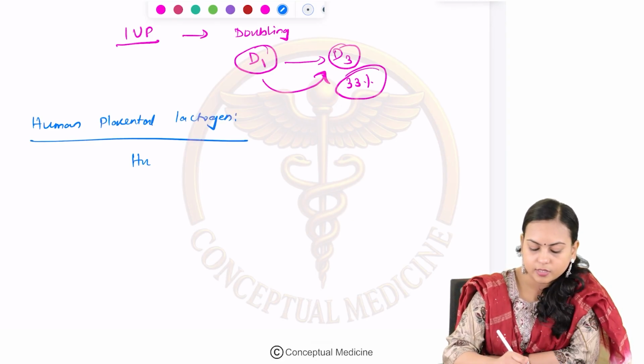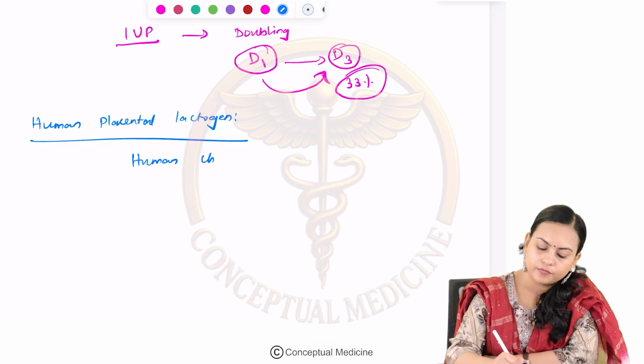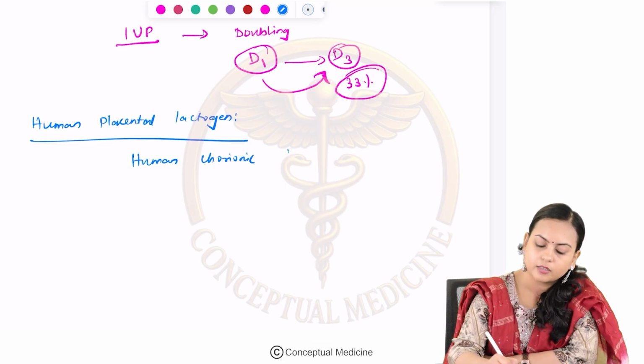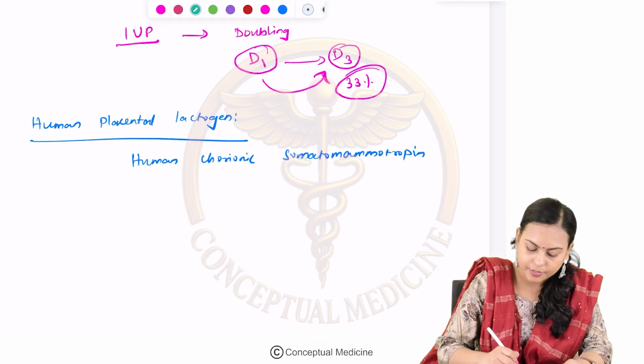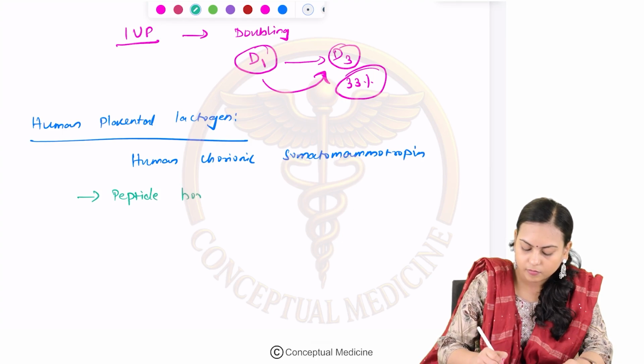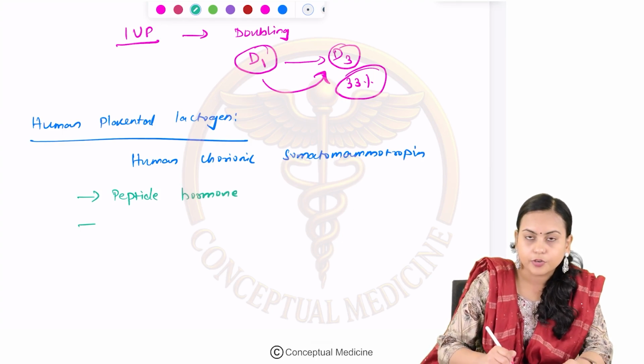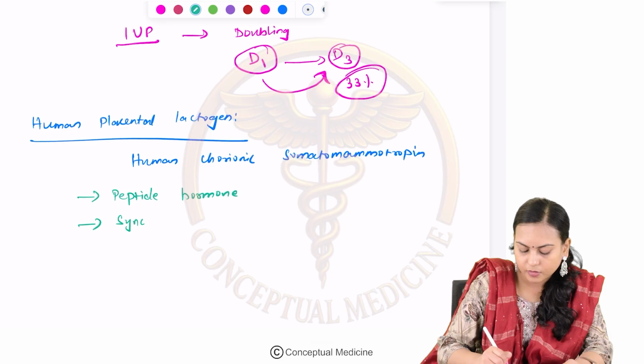It is also known as human chorionic somatomammotropin. This hormone is a peptide hormone that is produced by syncytial trophoblast.